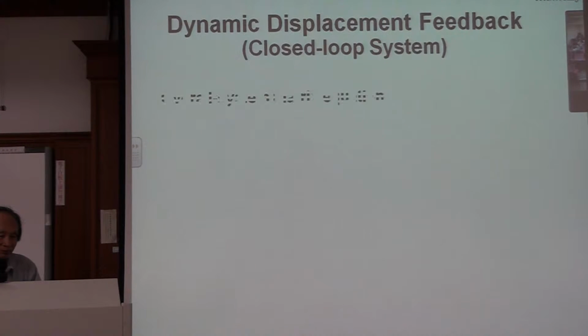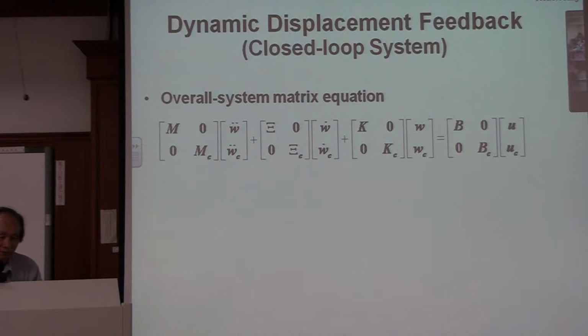If you don't have any questions, let us look at the overall system matrix equations. Look at this one here. I have M and MC, that's my closed-loop system matrix equations. I have zeta, zeta C, and K, KC. They don't couple together. Before, U and UC are all independent. But they will couple through my U and UC.